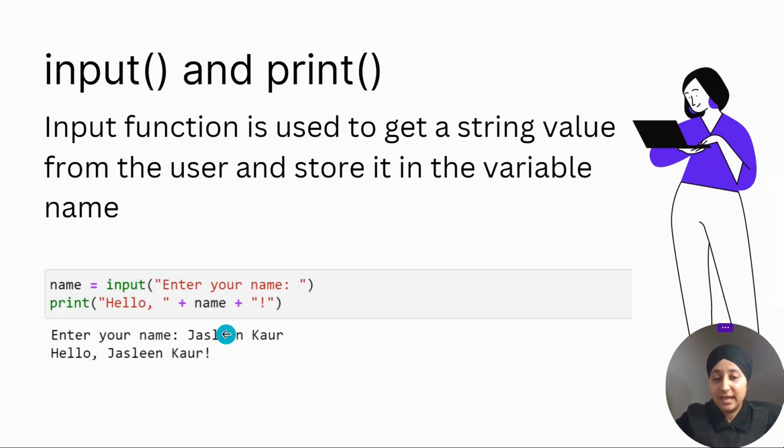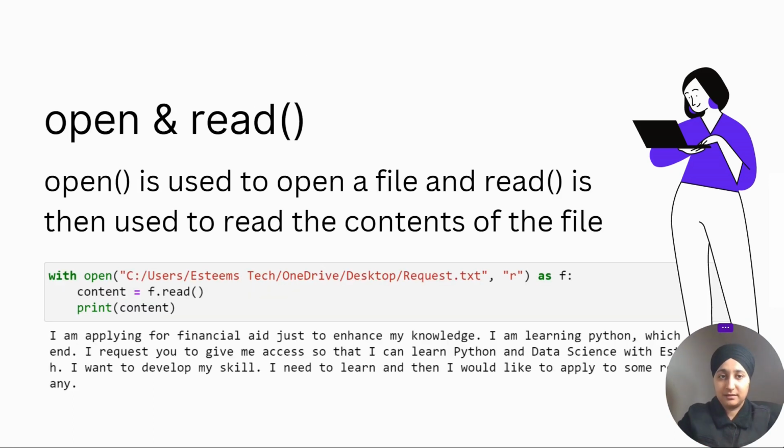If you want to convert anything to another data type, you'll have to convert it using type conversion that we have already done, right? So I hope this is clear. The input function is used to get a string value from the user, and here it is storing it in some variable name, and the print function is used to print something, right?